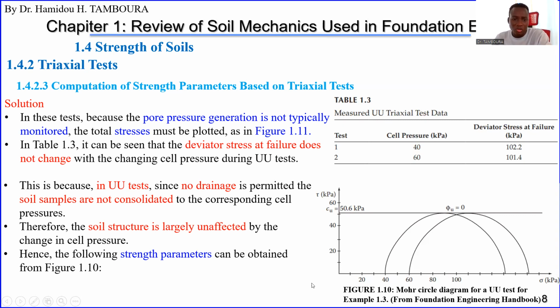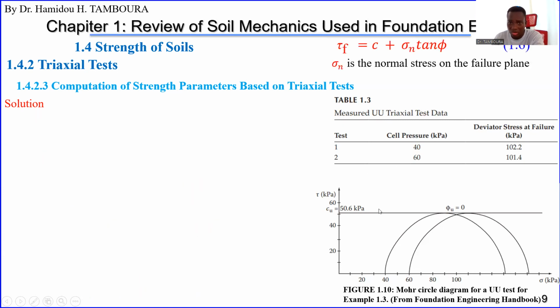So that's why we can obtain these values as the strength parameters. I will explain why we put u here, but you can just put c also. Cohesion is 50.6 kPa, and the internal friction angle, here also we add u, is 0.